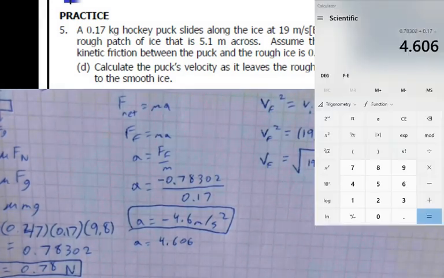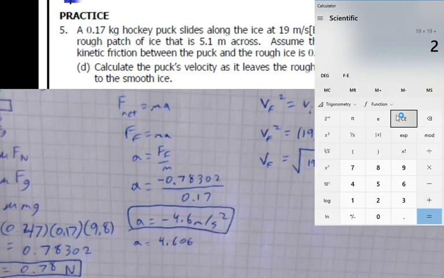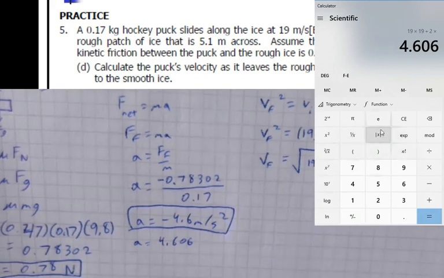So 19, let me remember this value so I can recall it again later. 19 squared plus 2 times my recalled value as a negative. I don't see a way to turn it into a negative here, so I'm just going to multiply it by negative 1, times 5.1.